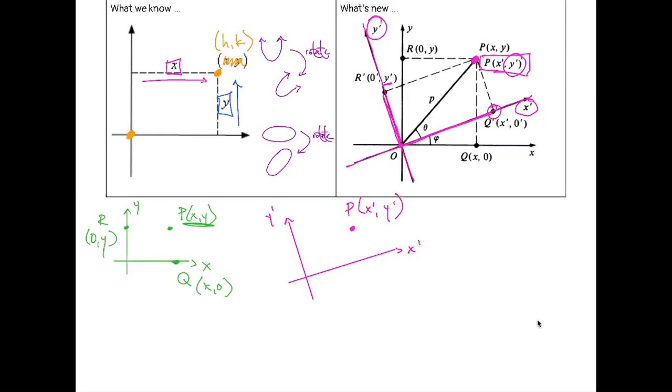And the reason why we might want to do that is because if we rotate our axes, we still get an idea that we could call this point Q prime, and it has a horizontal component of x prime comma 0. And it has a vertical component of 0 comma y prime.